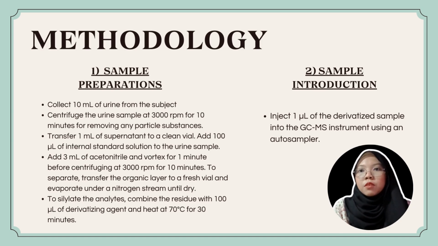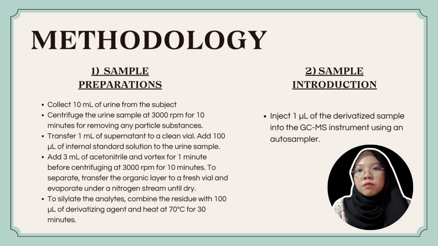Then transfer 1 ml of supernatant to a clean vial and add 100 microliters of internal standard solution to the urine sample. Add 3 ml of acetonitrile and vortex for 1 minute before centrifuging at 3000 rpm for 10 minutes.